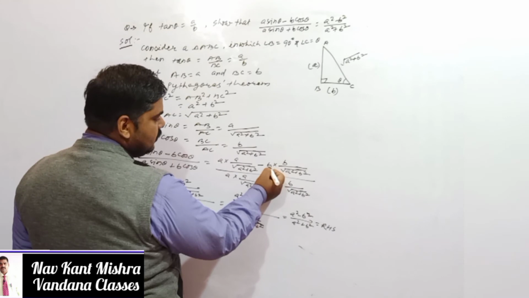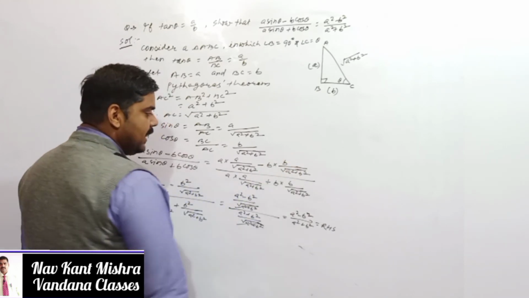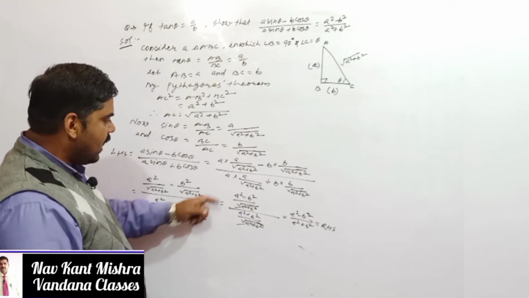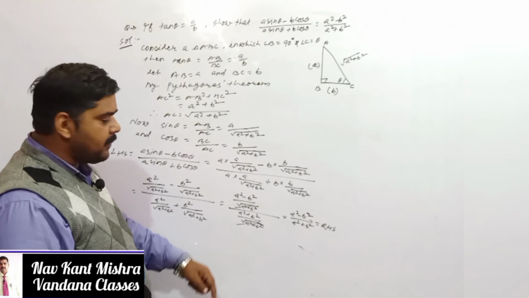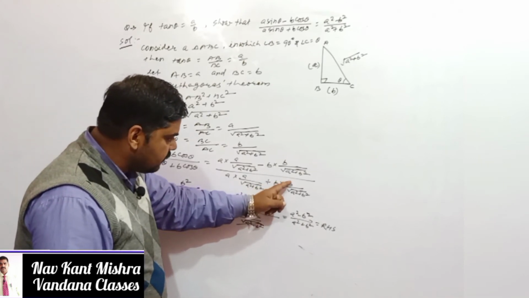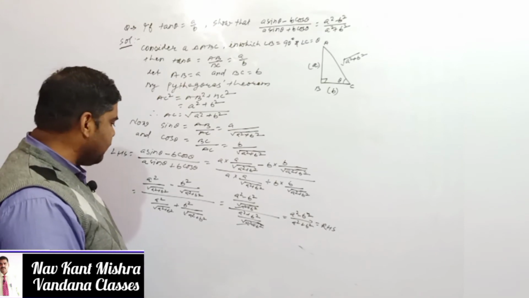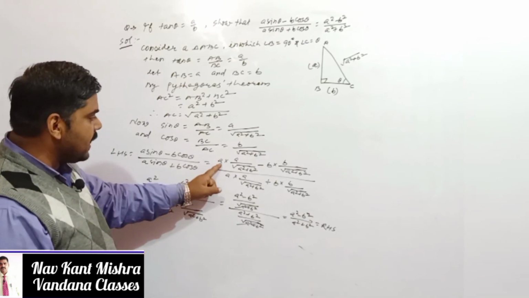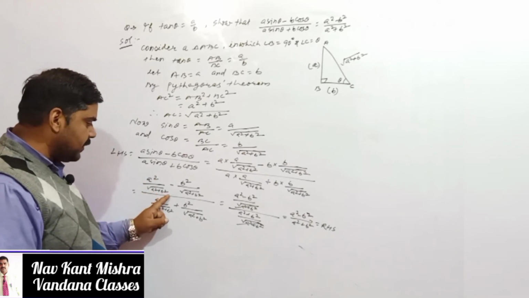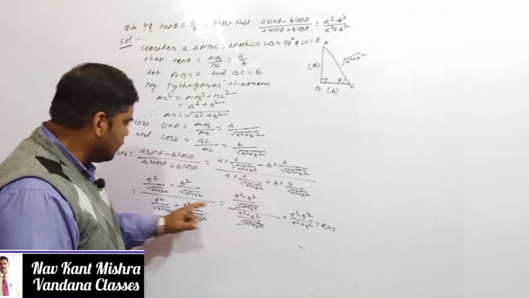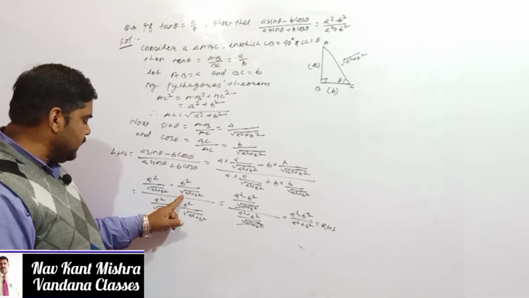Cos theta you need to put here, b into b upon square root under a square plus b square, upon a into a upon square root under a square plus b square plus b into b upon square root under a square plus b square. You have just put the values, and after that a into a is a square, so a square upon square root under a square plus b square, b into b is b square, so b square upon square root under a square plus b square.